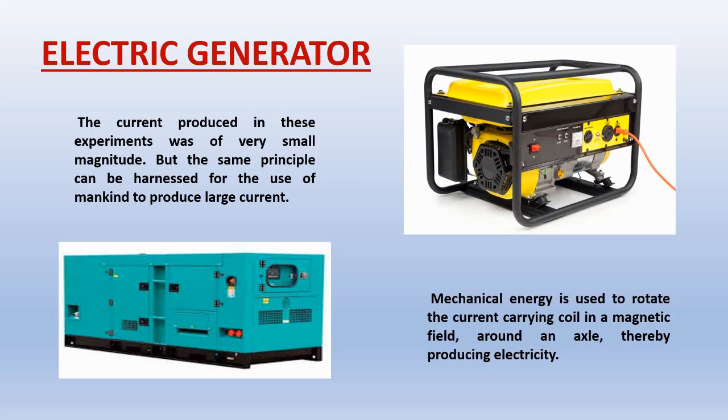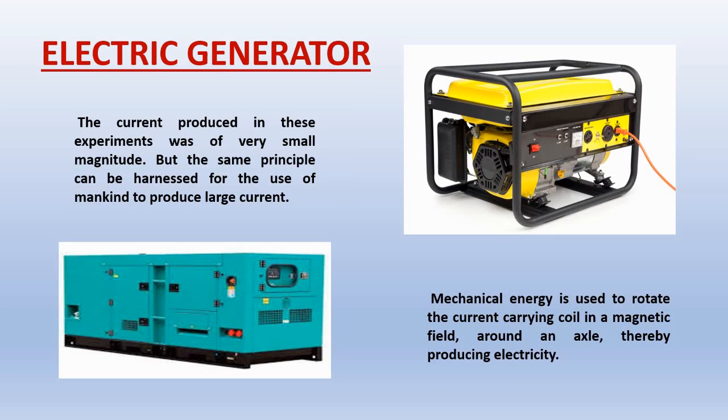But the current induced was of very small magnitude. That means the current induced was in microamps. This current won't be enough for the appliances to work, but we can use the same principle to produce a large amount of current, and this principle we are going to use in electric generators.